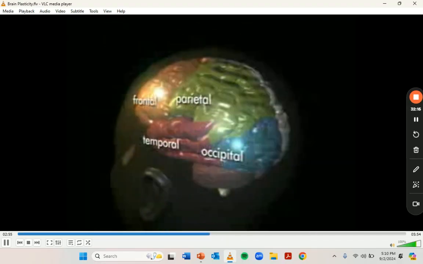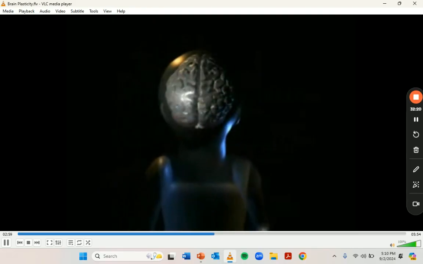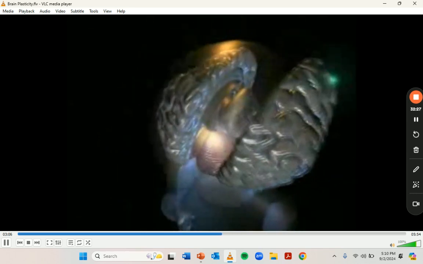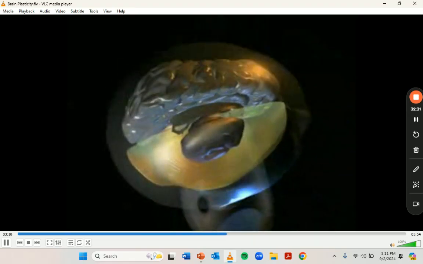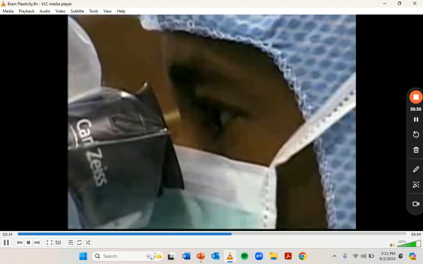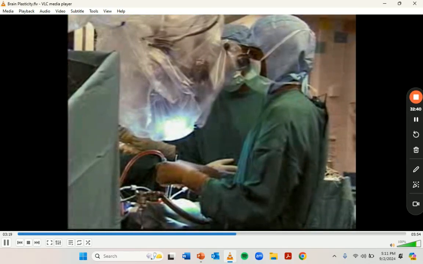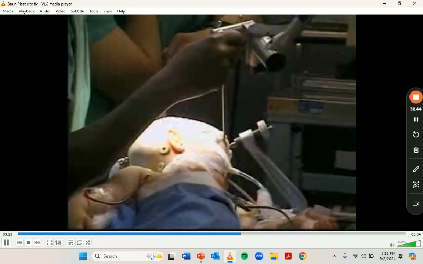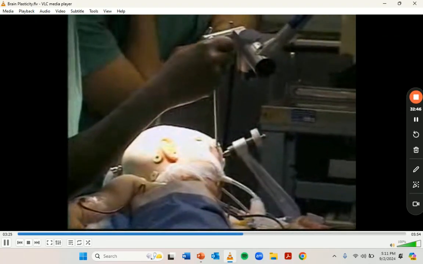The cortex handles many of our higher functions. Areas on both sides control thinking, movement, and sensation. But the right side controls our left side and vice versa. Jody would lose almost all of her right hemisphere, and the cavity would fill with cerebrospinal fluid. The operation has to be performed with great precision to avoid damaging the parts of the brain that control Jody's life functions, like heartbeat and breathing.